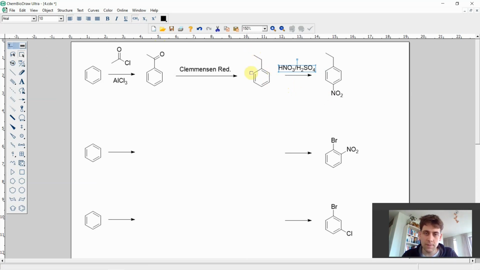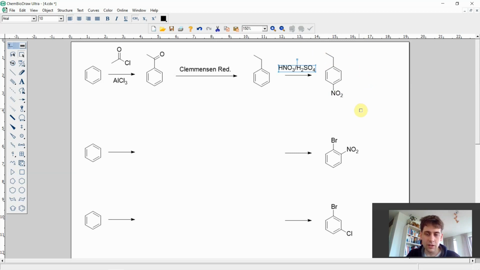It's partially hindering the approach into the ortho positions, and that pushes the reaction even a little bit further into the para position. But probably we would also get the ortho substituted product, and then we would finally need to do a cleanup step where we purify our product so that in the end we get our pure para-nitroethylbenzene as our first target molecule.